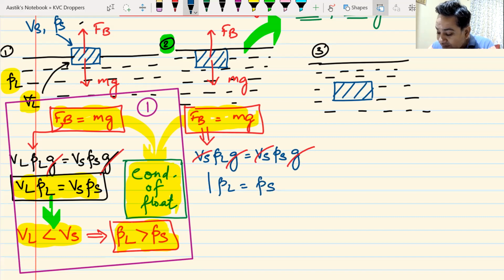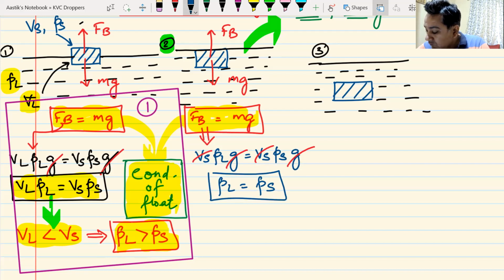As long as the densities of the two are the same, if the density of the liquid is more, it will float with some volume outside. If the densities become equal, it will float, but the entire volume will go inside.